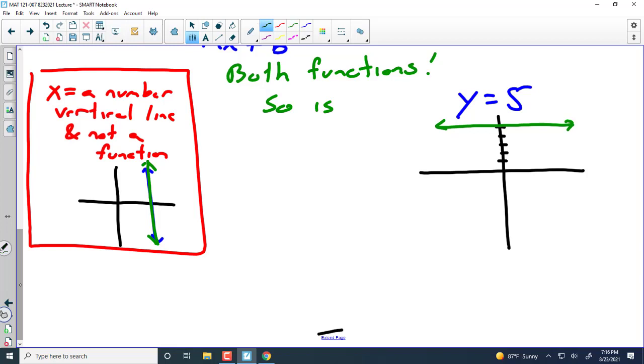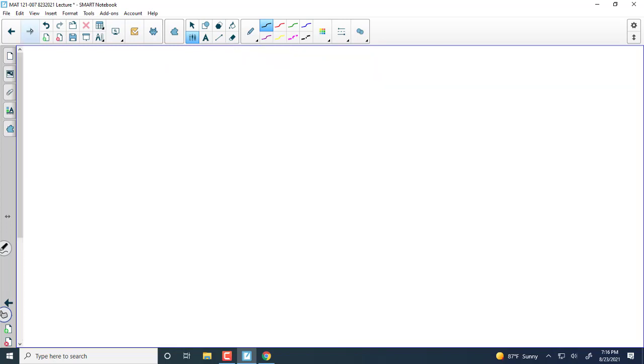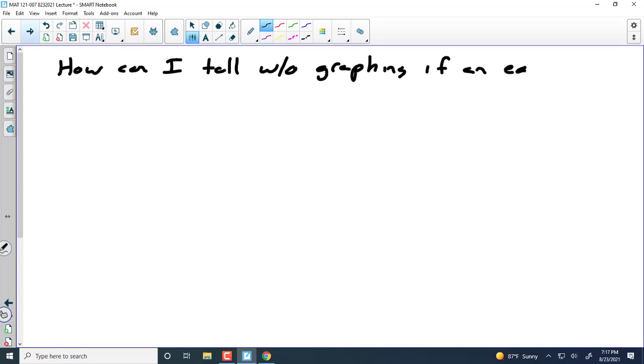I apologize. All right, so what we need is we need tip-offs. We need clues. How can I tell, without graphing, if an equation represents a function?